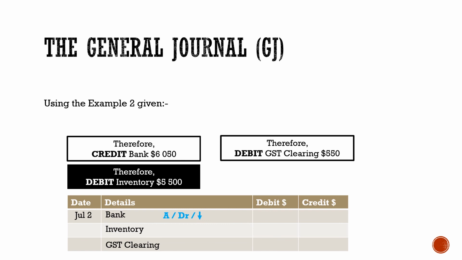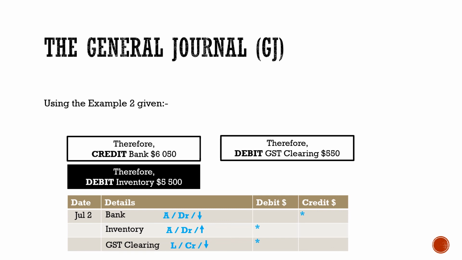Therefore, the amount will be recorded on the credit side. The inventory is an asset with a debit nature, and it has increased. Therefore, the amount will be recorded on the debit side. Lastly, GST clearing has been identified as a liability, which has a credit nature, and it has decreased. Therefore, the amount will be recorded on the debit side.